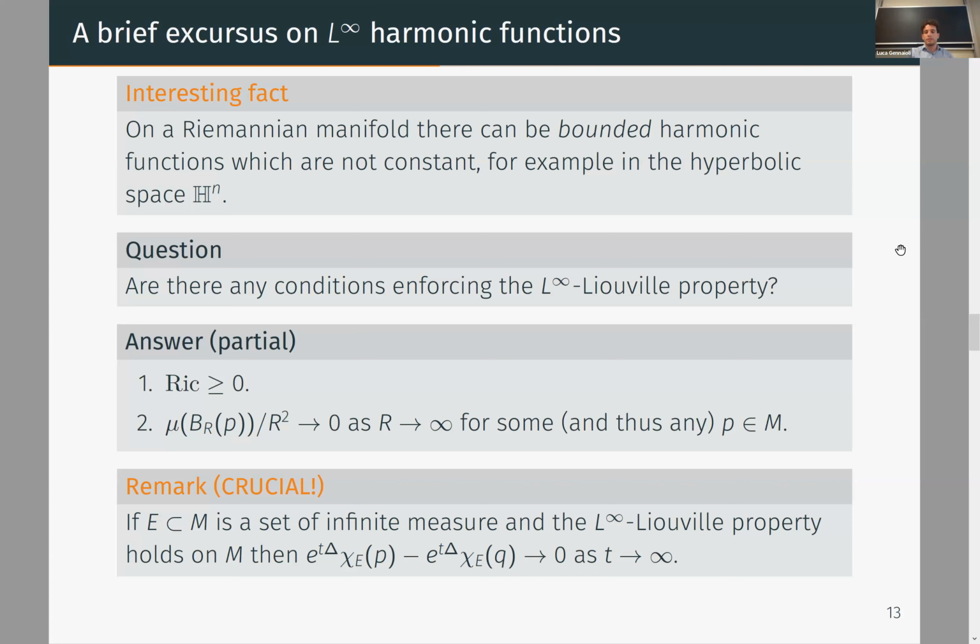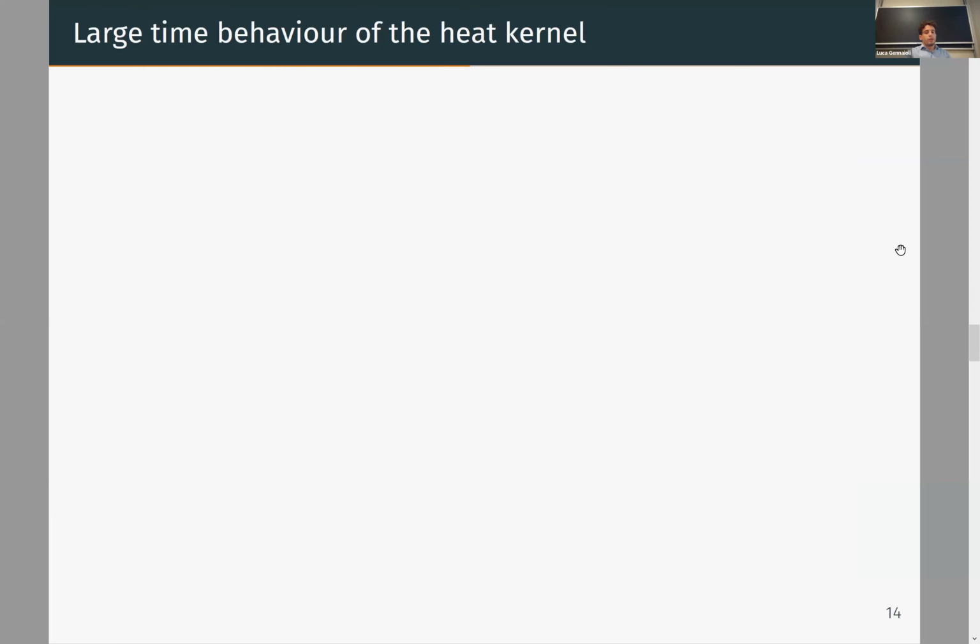This is a consequence of the L infinity Liouville property, as the limits at infinity of solutions of the heat equation are stationary solutions, so the Laplacian equals 0 basically.